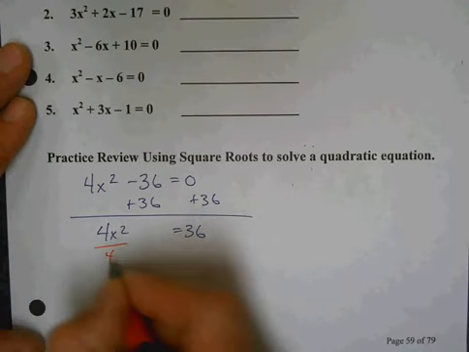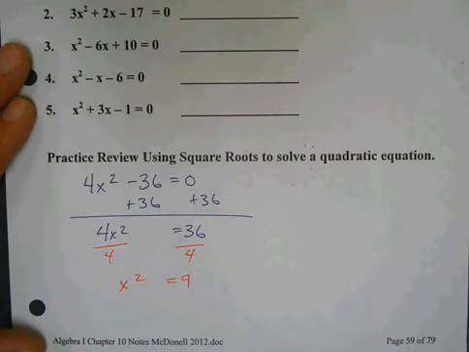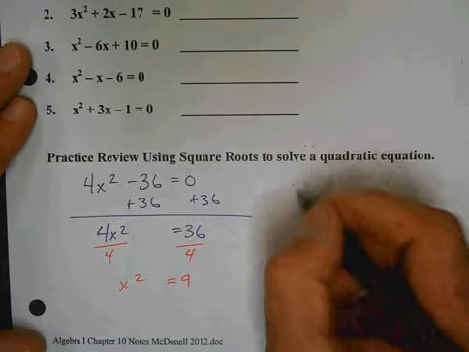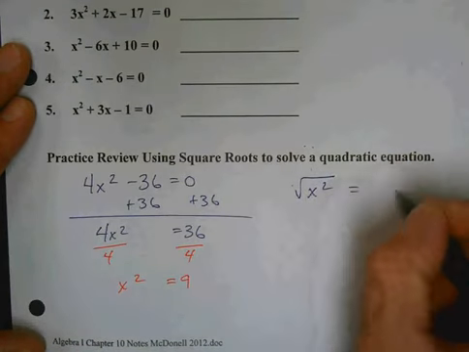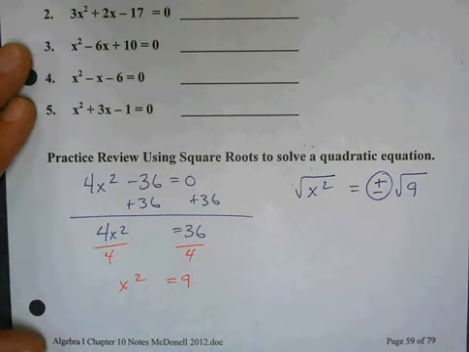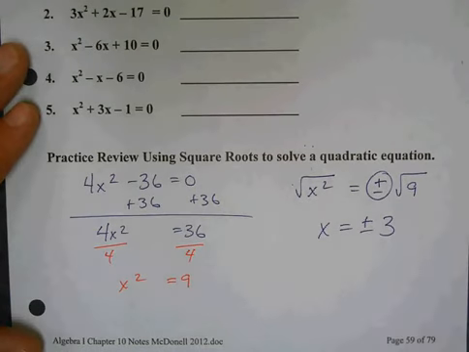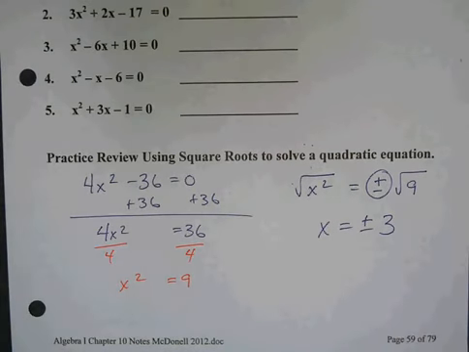We divide by 4. X squared equals 9. We take the square root of both sides, remembering the plus or minus. And just like that, your answer is plus or minus 3. So when you're missing the bx term, isolate the x squared, take the square root, boom, you got your answer.